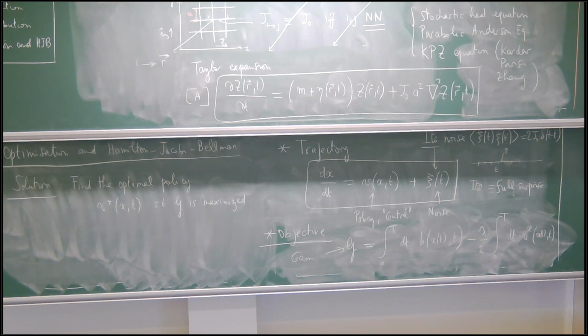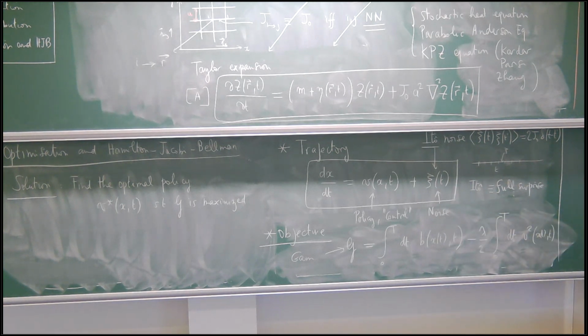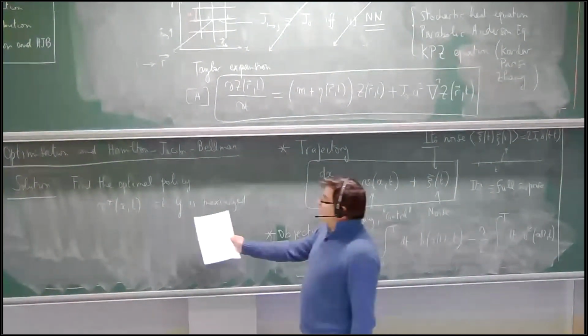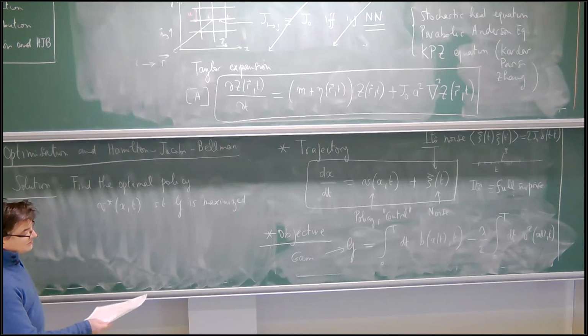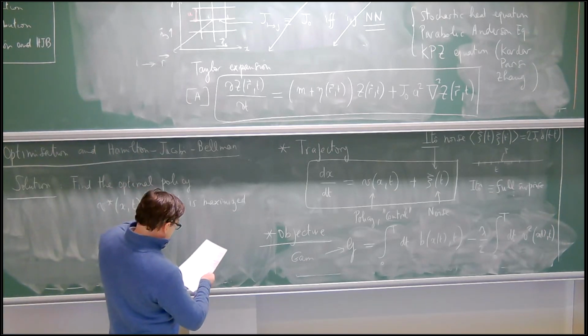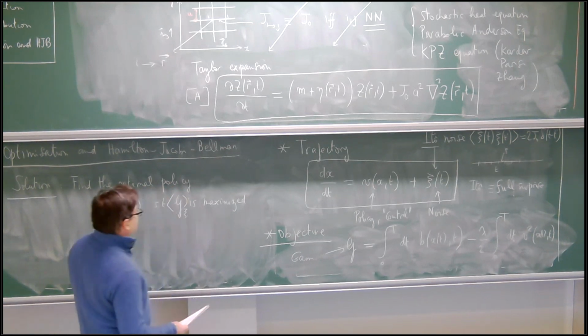And of course, because there is noise in the trajectory because of psi here, G is also kind of random. So what we are going to look for is not the maximization of G, because G contains randomness, but the maximization of the average G, average over psi.